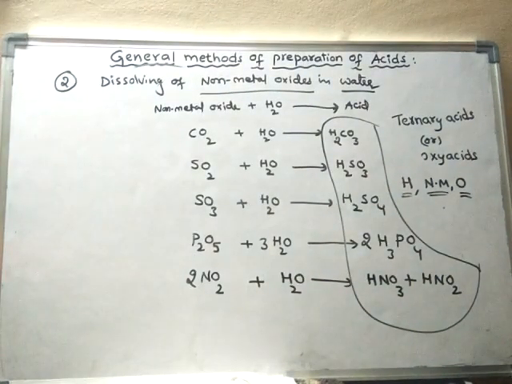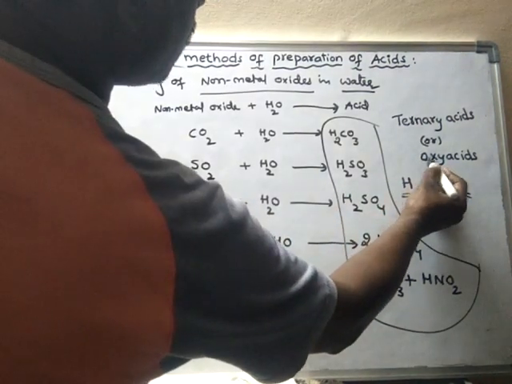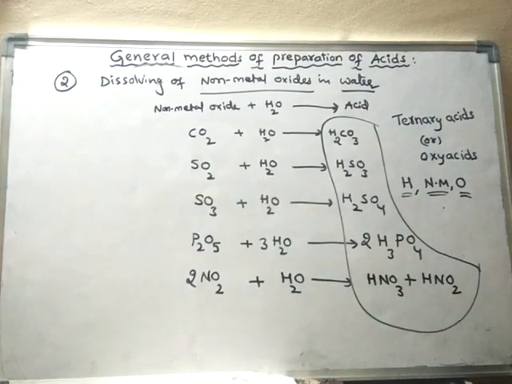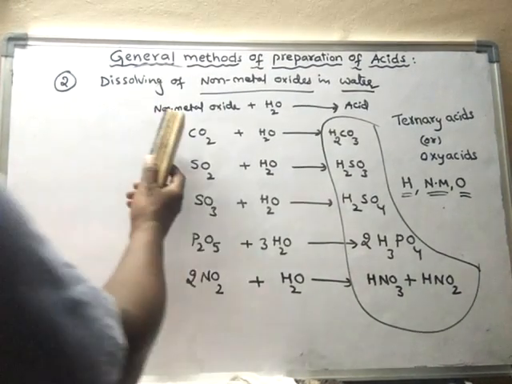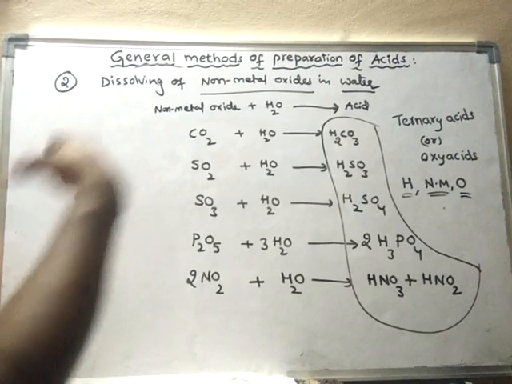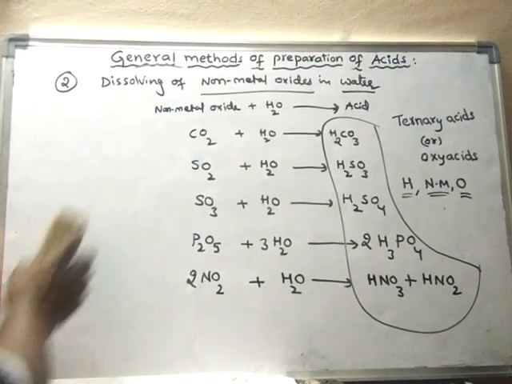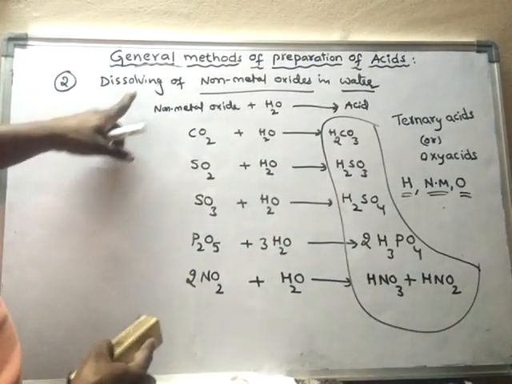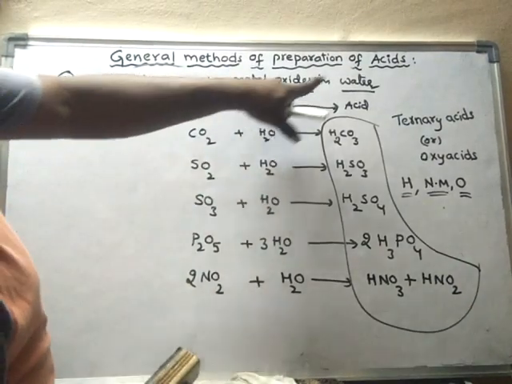Such acids are said to be ternary acids or oxyacids. In this way, non-metal oxides when dissolved in water form acids. This is one of the methods of preparation of acids.